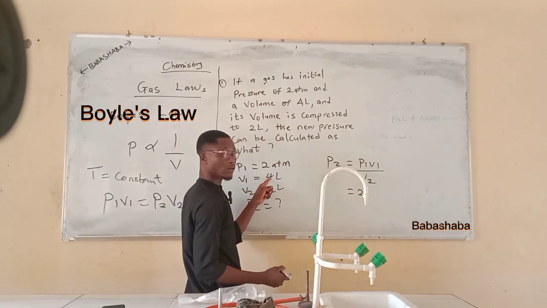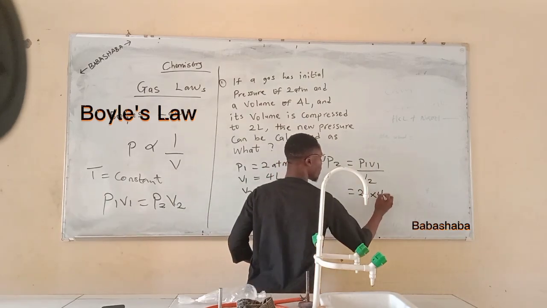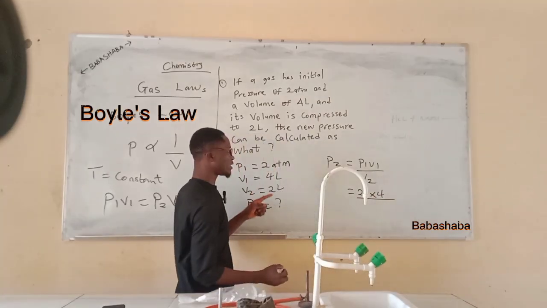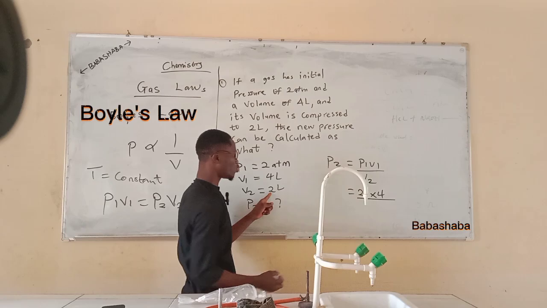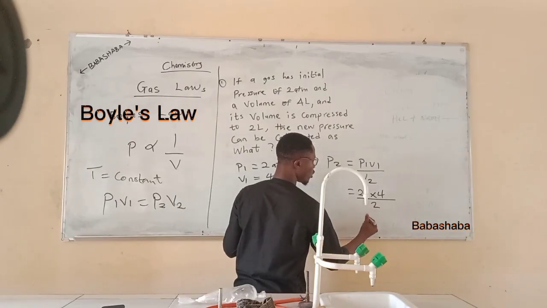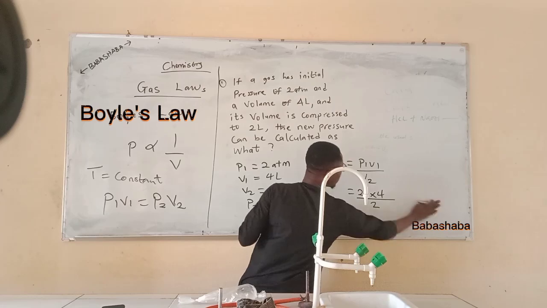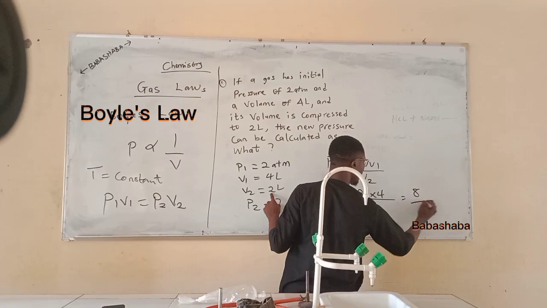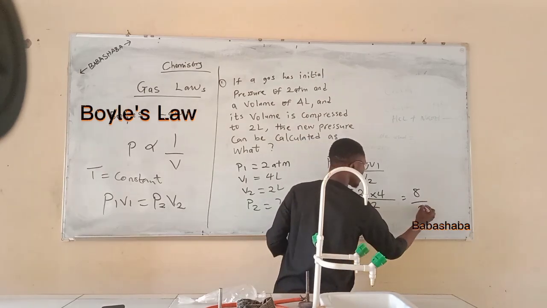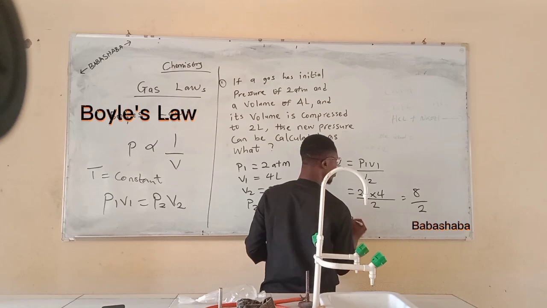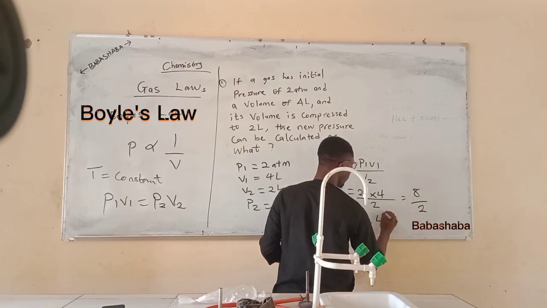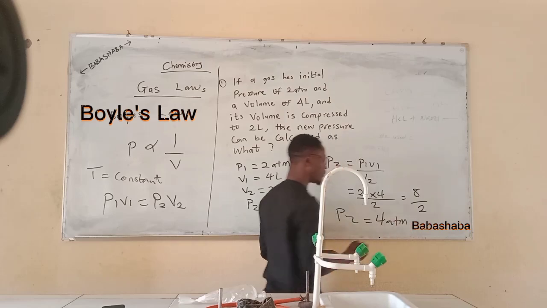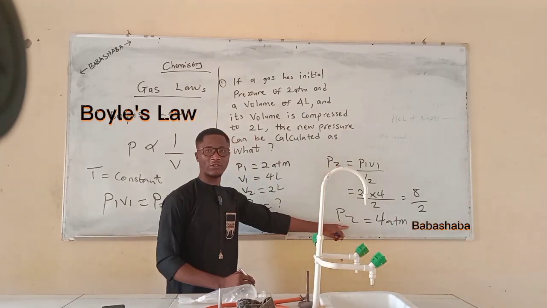My V1 is 4. Divided by, what is my V2? My V2 is 2. So you do your mathematics. I'll be having 2 times 4, that is 8, divided by 2. So my P2, 8 divided by 2, will give you 4. So 4 atm. You can see that the pressure has increased.